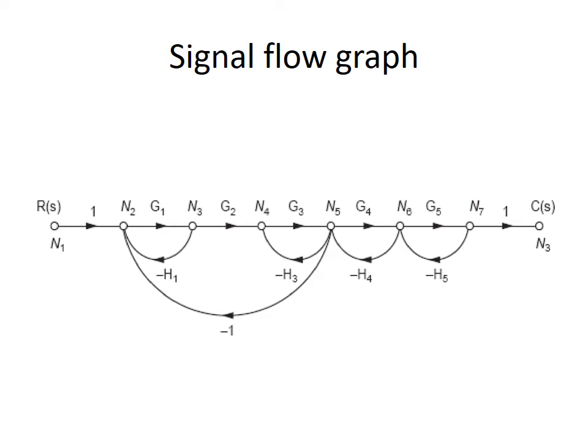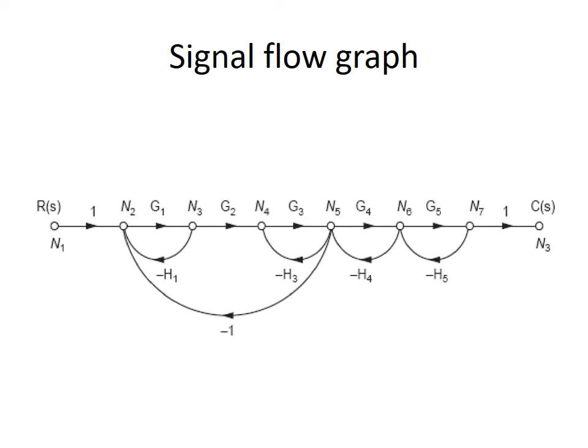Again, you can look for possible combinations of two non-touching loops. We can consider G1 H1 and G3 H3 as two non-touching loops, because here you do not have any common nodes. The first loop, G1 H1, has nodes N2 and N3. The G3 H3 loop has nodes N4 and N5. So you do not have any common node, and you can say these two loops are non-touching.